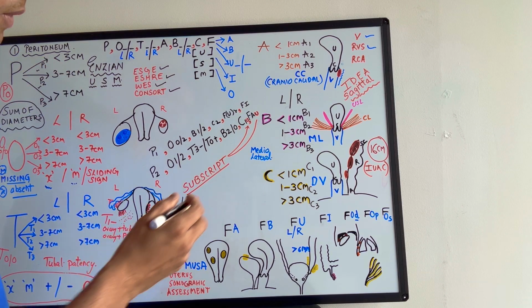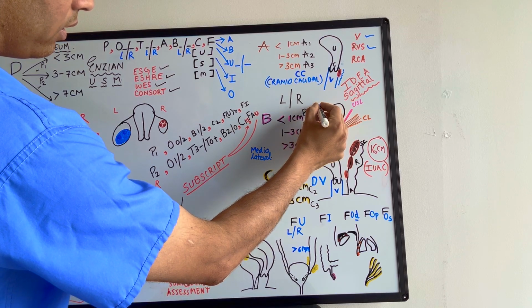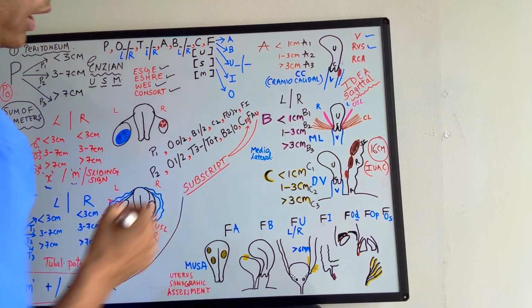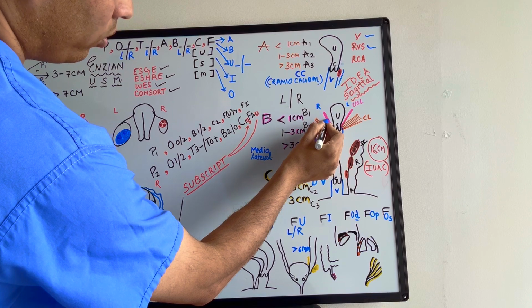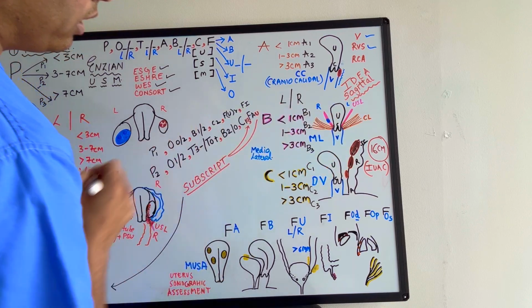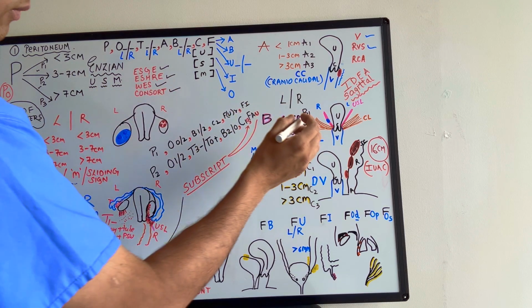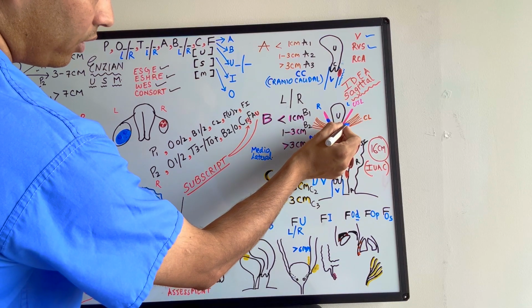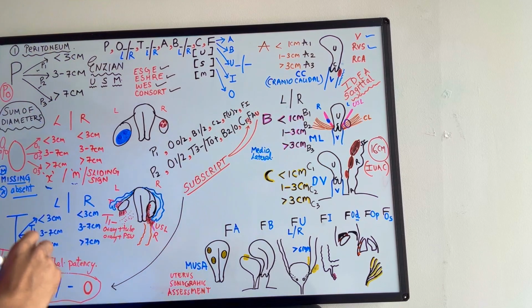So let's say when we do the scan, this is the right side and this is the left side, and the scan says that there is a nodule involving the uterosacral ligament on the left side which is around 1 centimeter, and there's a nodule on the right side involving the cardinal ligament and uterosacral ligament measuring around 4 centimeters.